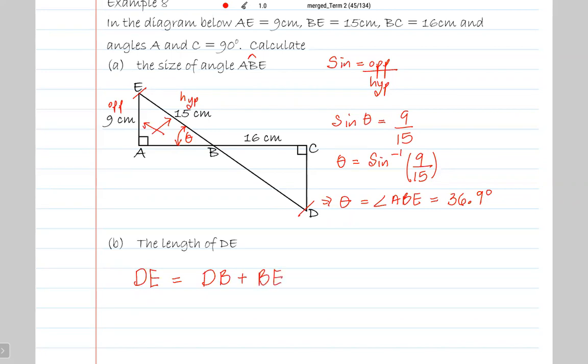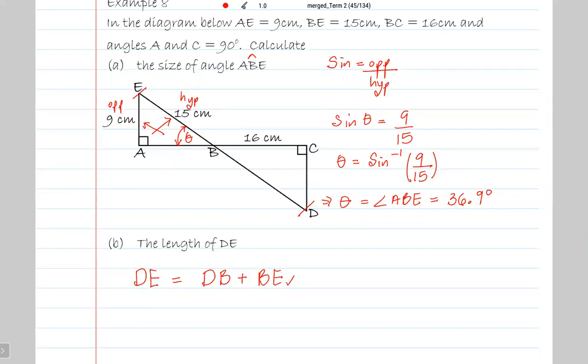Everybody should be able to see that that is correct. But BE we already know is 15 centimeters.